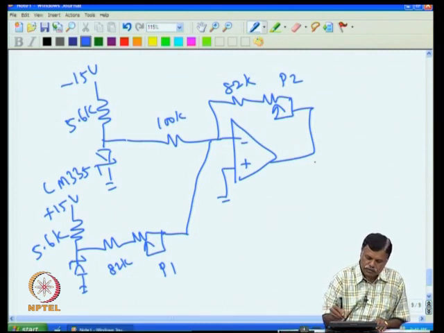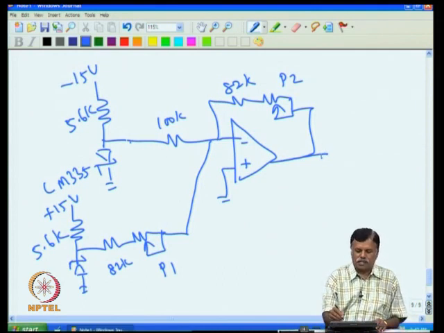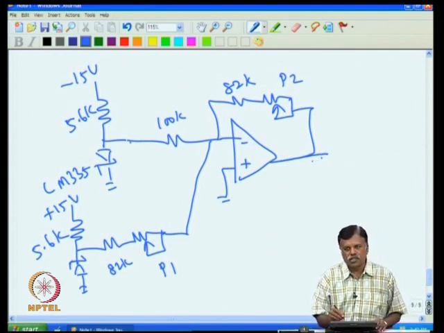So that makes the output go positive when the temperature goes up, because when the temperature goes up, this voltage will go up. So that minus going up will make the plus go up at this point. So V0 becomes plus now.